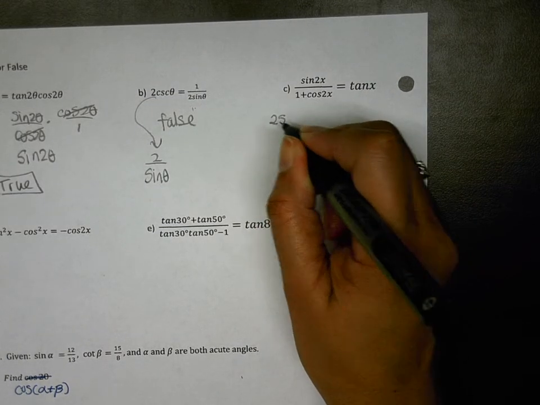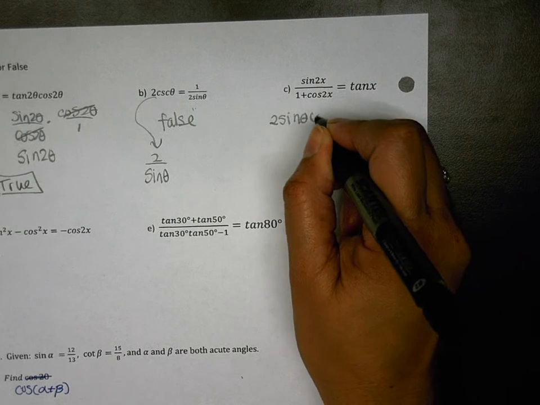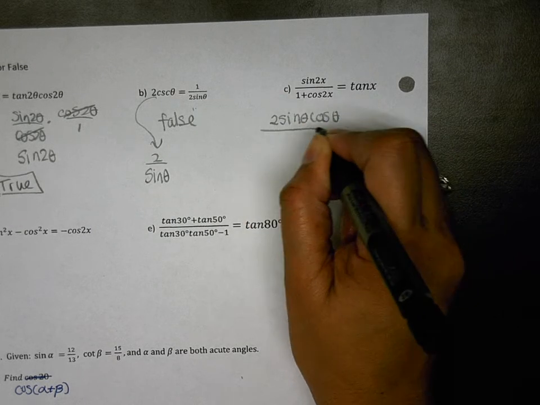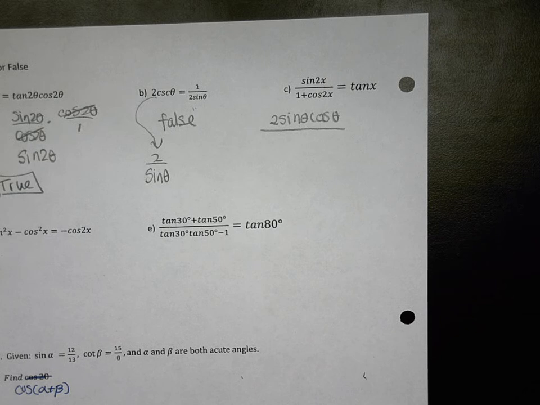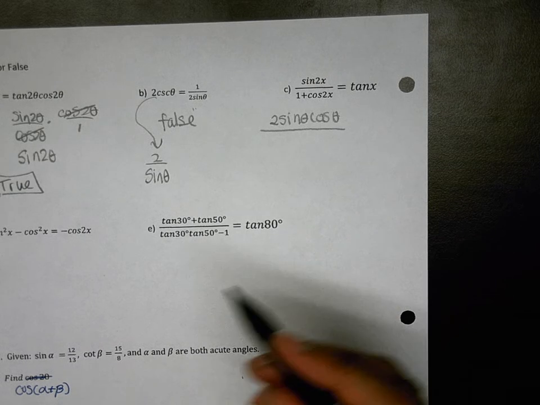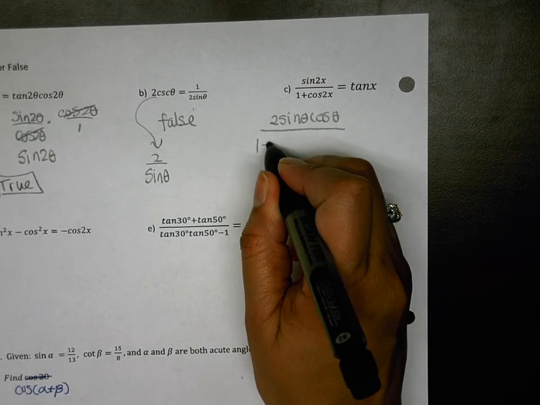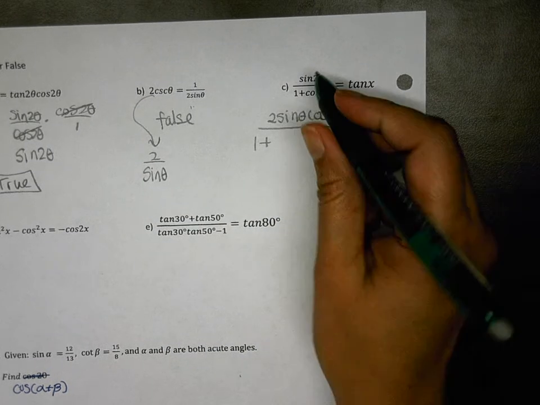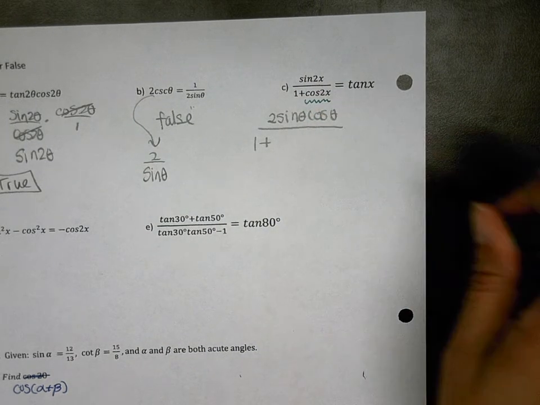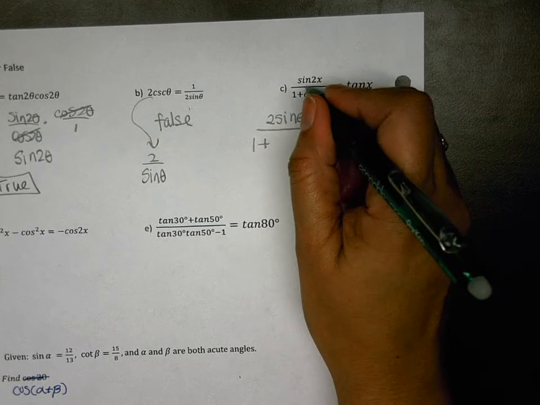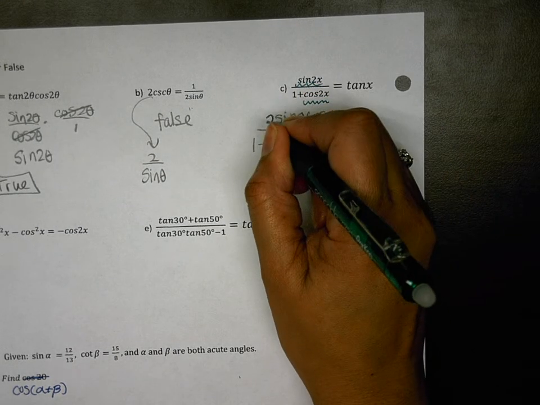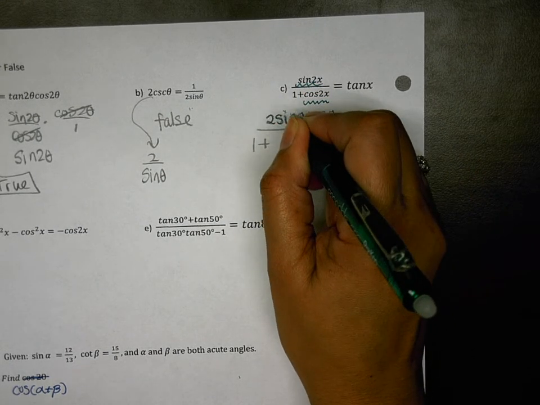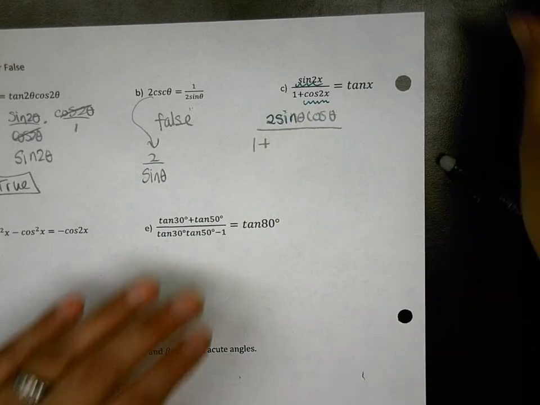2 sine theta cosine theta over 1 plus cosine 2x, is what I'm going to change. I also changed sine 2x. I didn't say it, I just changed it. And I'm going to change those thetas to x's.